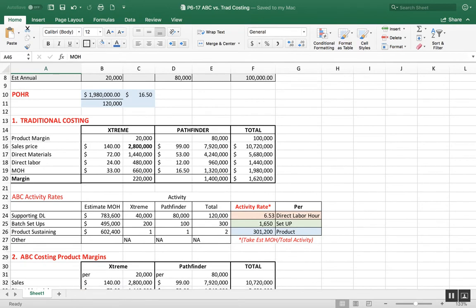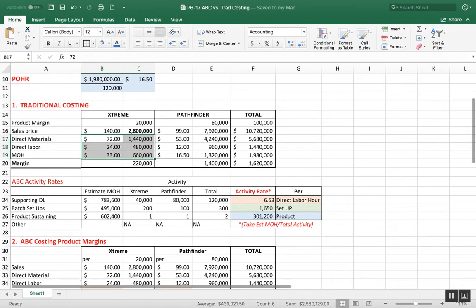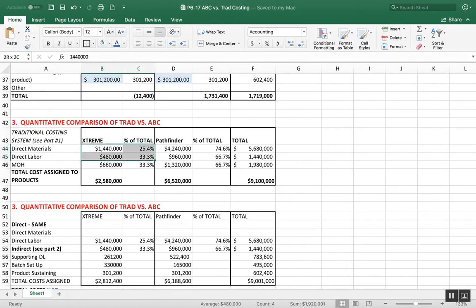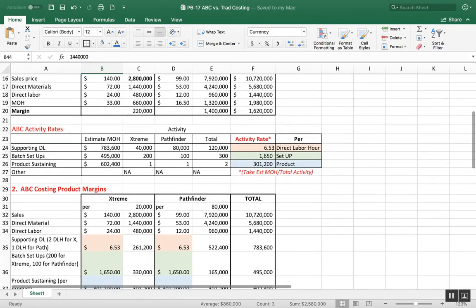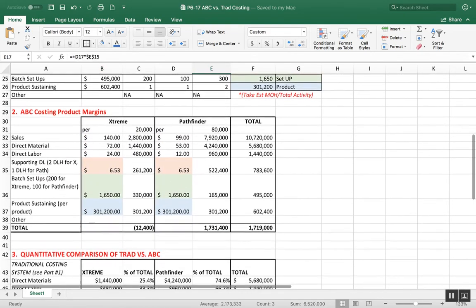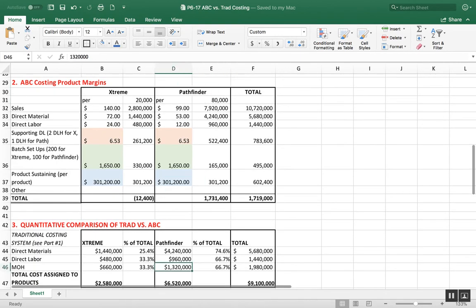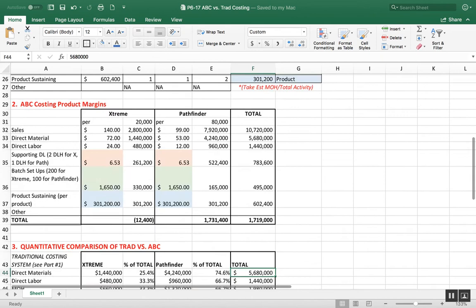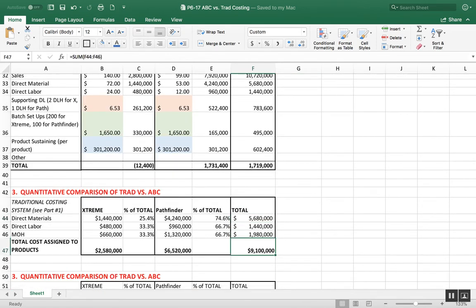Here's my traditional, okay? So I simply take these numbers and I plop them in down here, okay? And then I did the same for the Pathfinder. So if I came back up to the Pathfinder, here are the numbers here that I simply plopped in down here. And then I came up with the total. Now I'd also totaled it up here, but I just transferred that down over here.